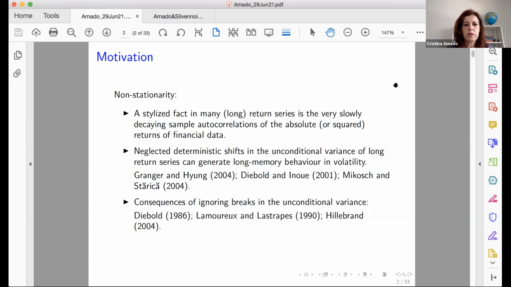There are more references about the consequences of ignoring breaks in the unconditional variance, such as Diebold in 1986 and Lamoureux and Lastrapes in 1990.